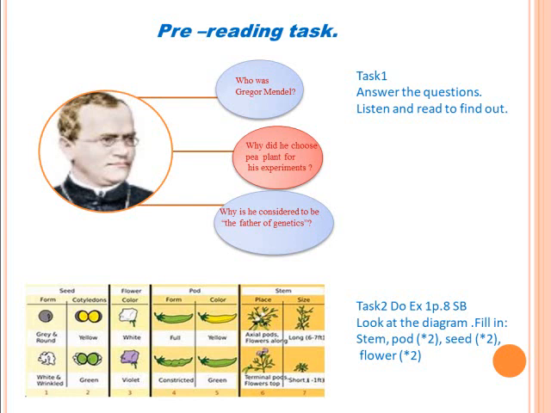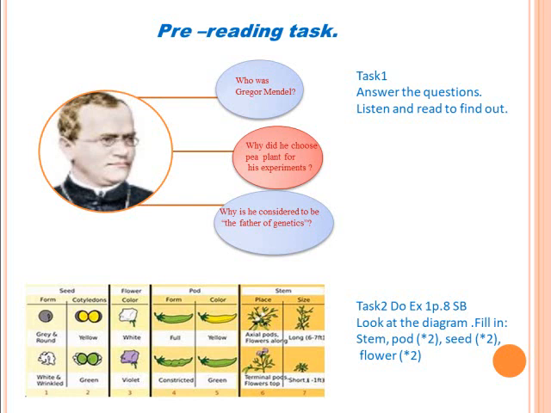Why is he considered to be the father of genetics? So, what do you think? Yes, good thinking. In order to get more detailed information, please listen or read the text again.